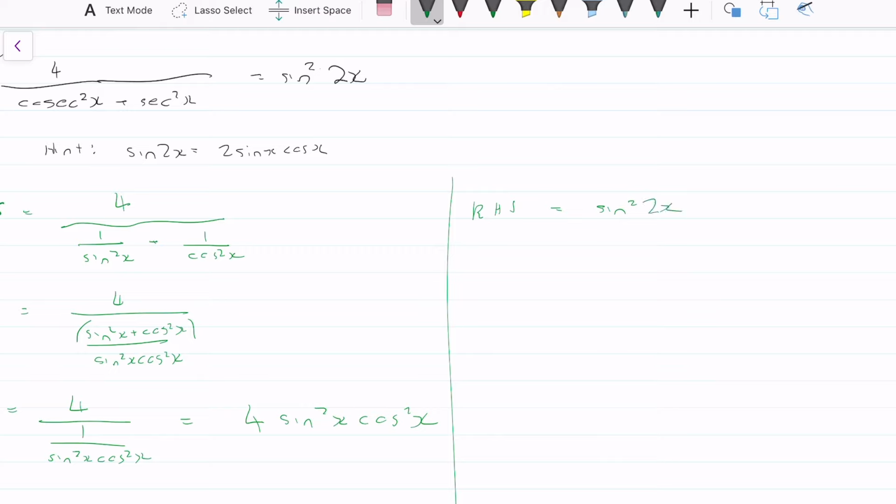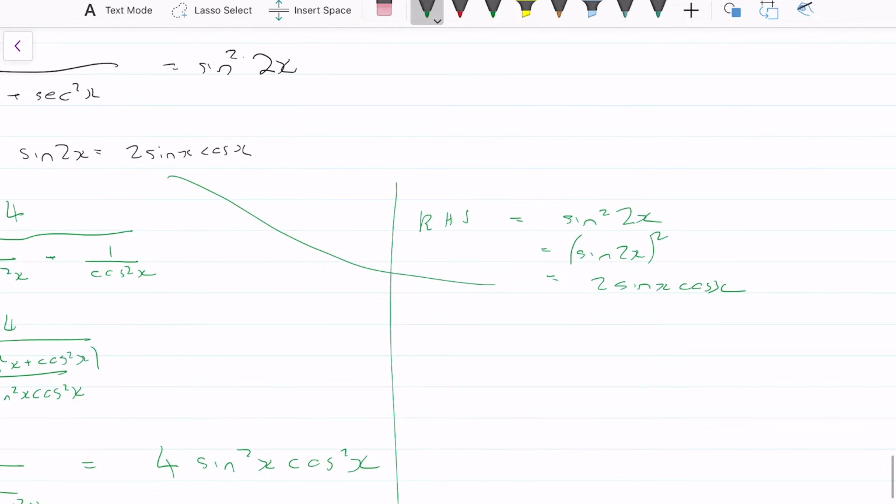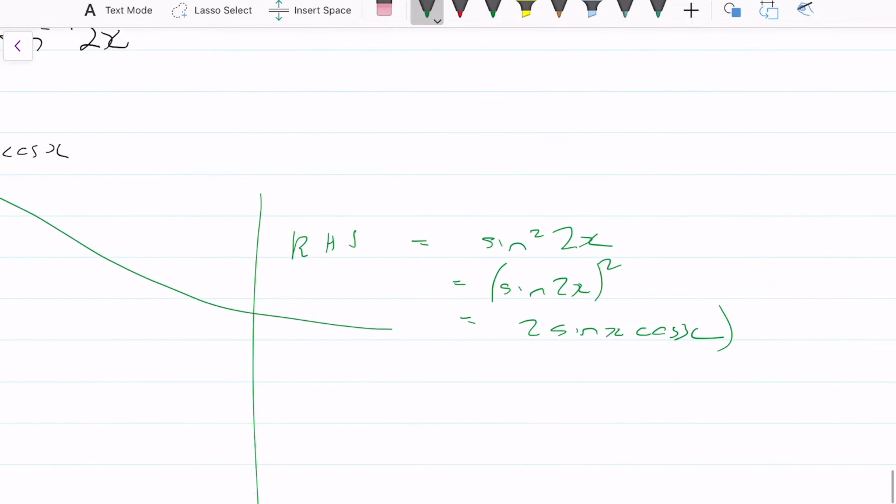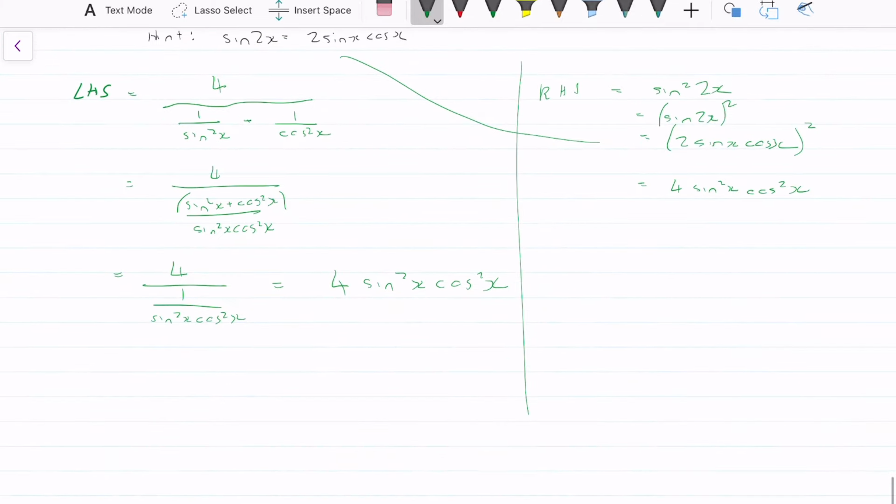Okay, so this can be written as sine 2x squared, which is equal to, using our hint, 2 sine x cos x, sine x cos x squared, which obviously gives us 4 sine squared x cos squared x. And so we can see our left hand side is equal to our right hand side.